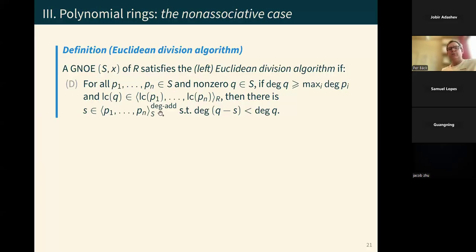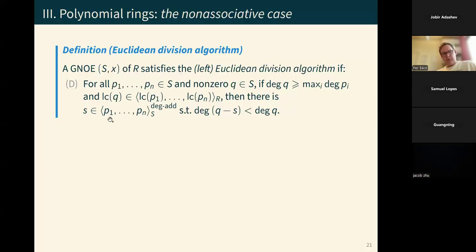And this S should be so nice that when I want to compute its degree, I can do that in the same way as in the associative or ordinary setting. So the degree of a product should simply be the sum of degrees here.